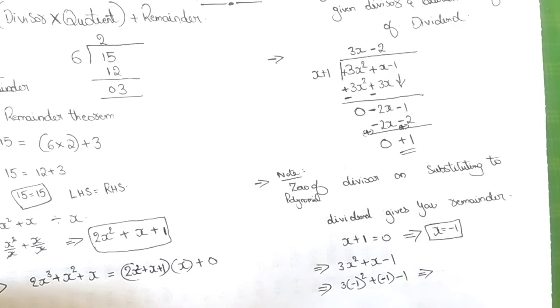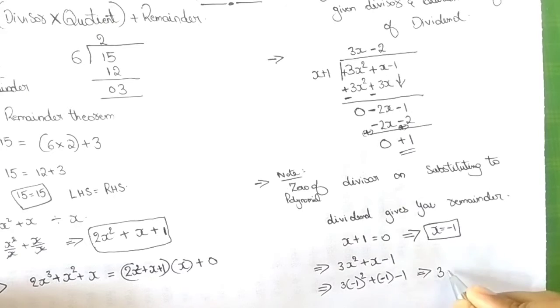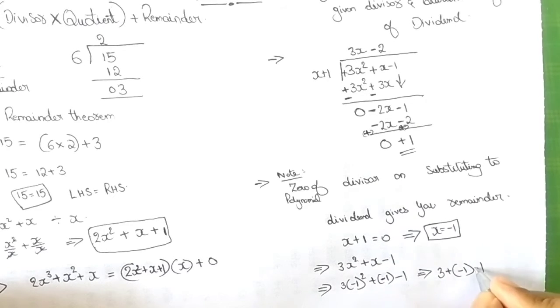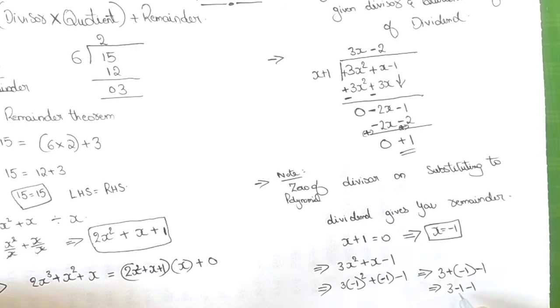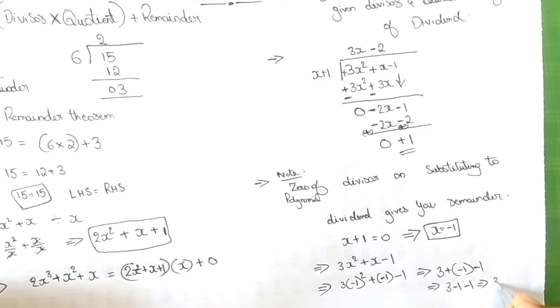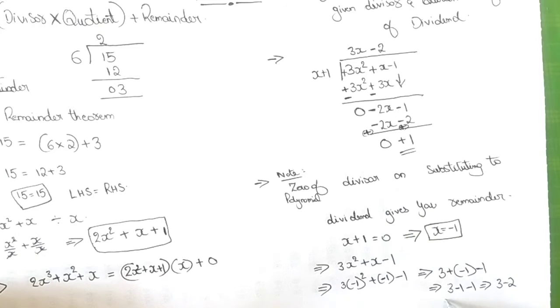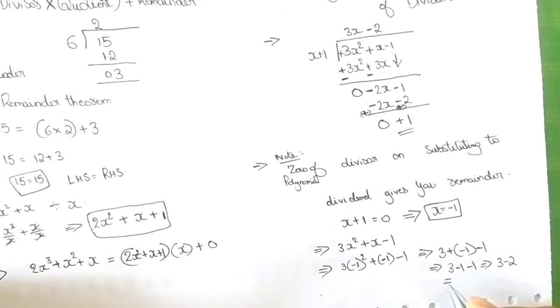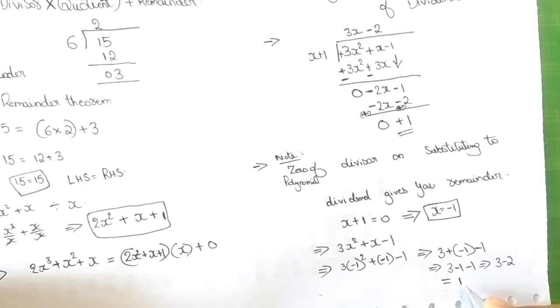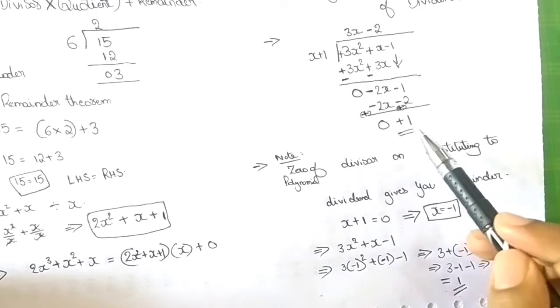Minus 1 into minus 1 gives you plus 1. 3 into 1 gives you 3, plus minus 1, minus 1. 3 minus 1 minus 1 is 3 minus 2, which is nothing but 1.